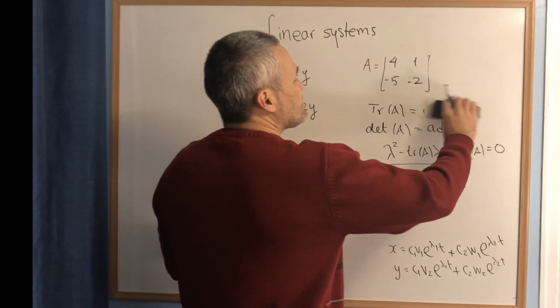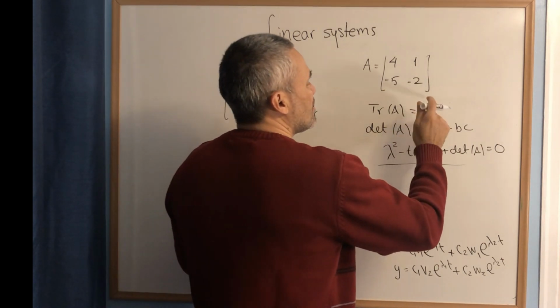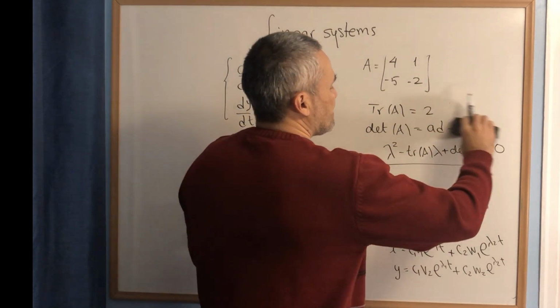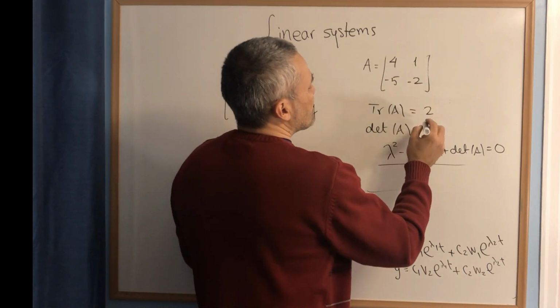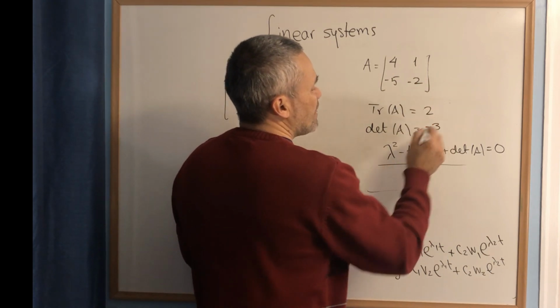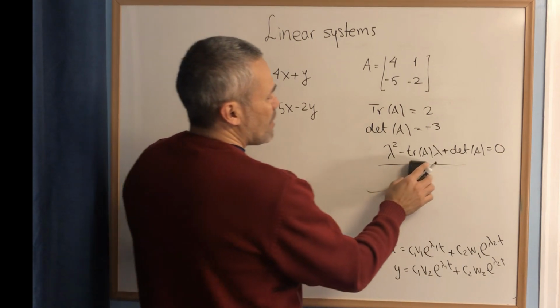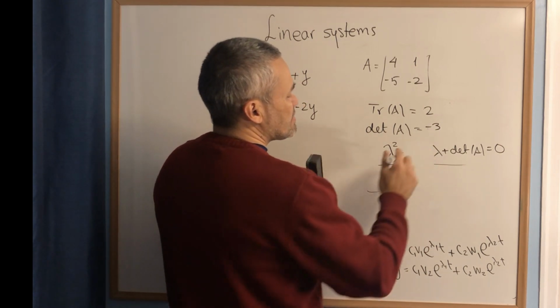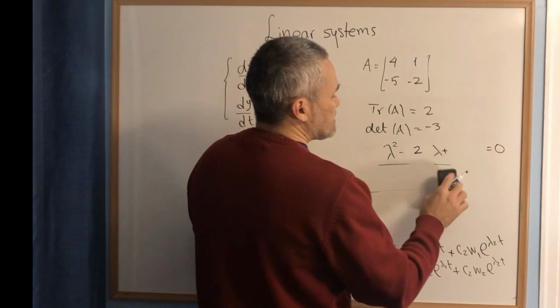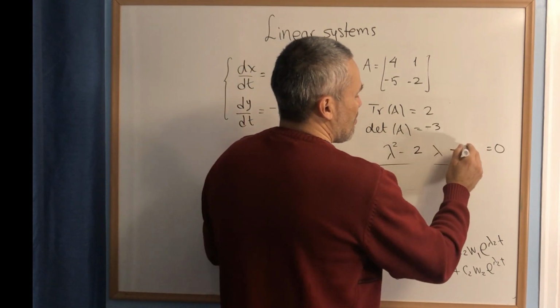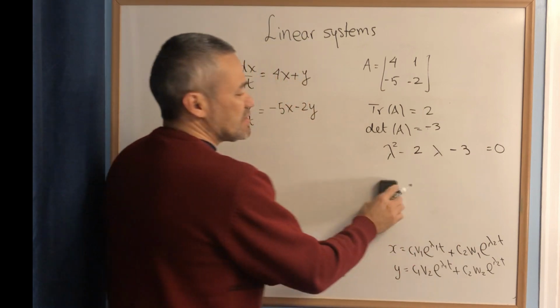And the trace in this case is 2, and the determinant would be negative 8 minus negative 5, which is negative 3, and the characteristic equation is lambda squared minus 2 lambda plus the determinant, which is minus 3, equals 0.